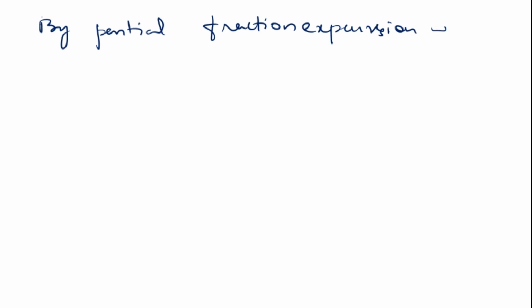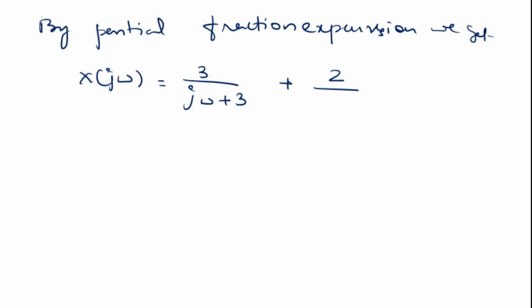By partial fraction expansion, we get X of j omega is equal to 3 divided by j omega plus 3 plus 2 divided by j omega plus 2.